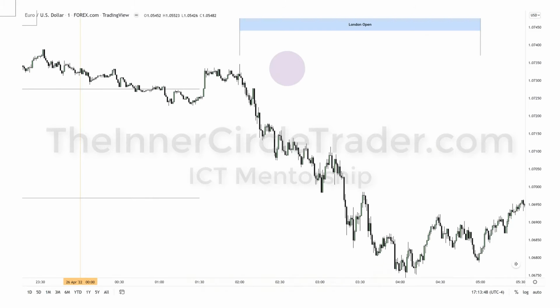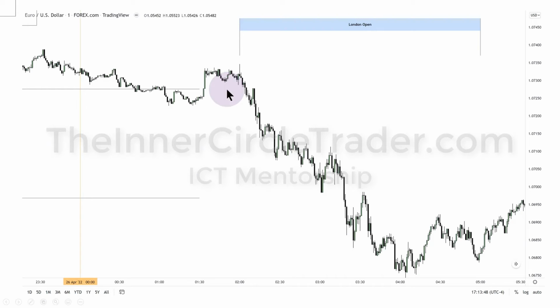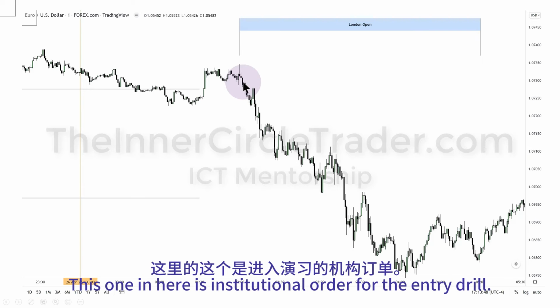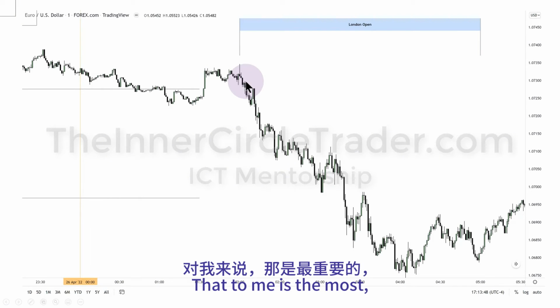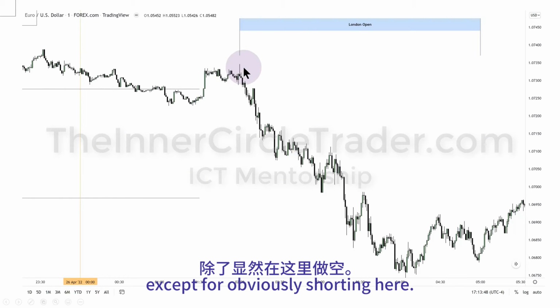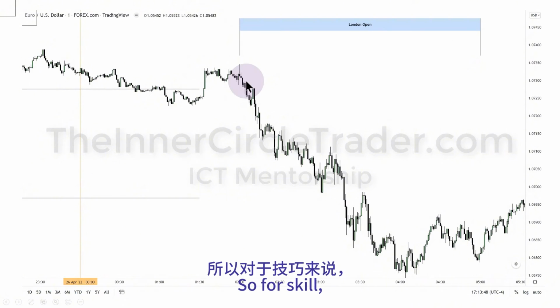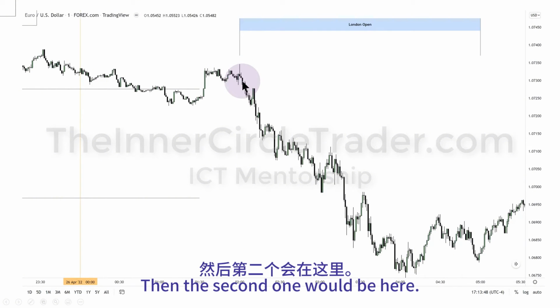So here's a 1-minute chart, beginning of the 2 o'clock hour New York time, ran relative equal highs also, ran it, broke lower. This one in here is institutional order flow entry drill. That to me is the highest degree entry, except for obviously shorting here. So for skill, it's this one, then the second one would be here.